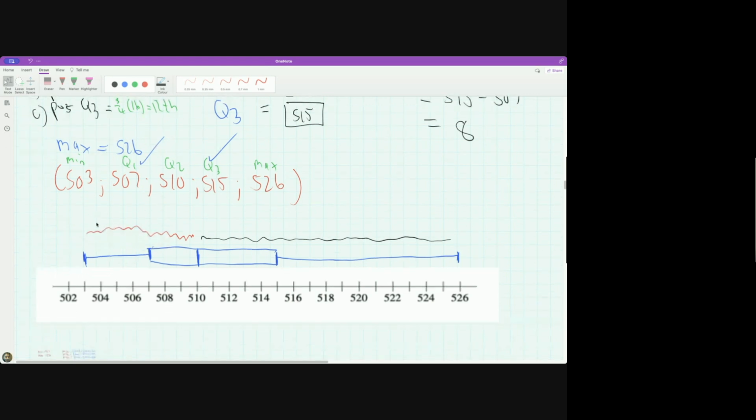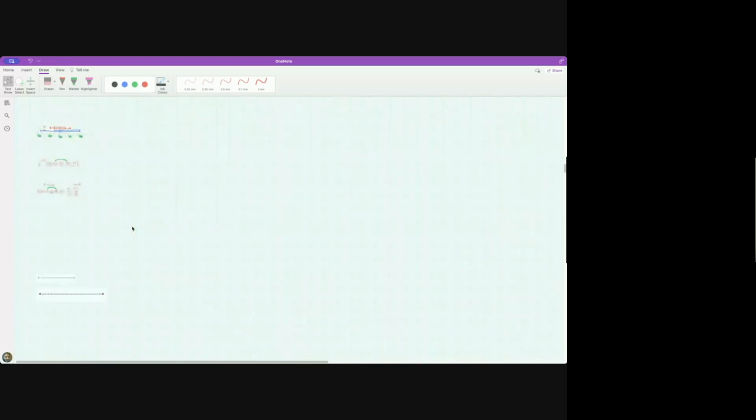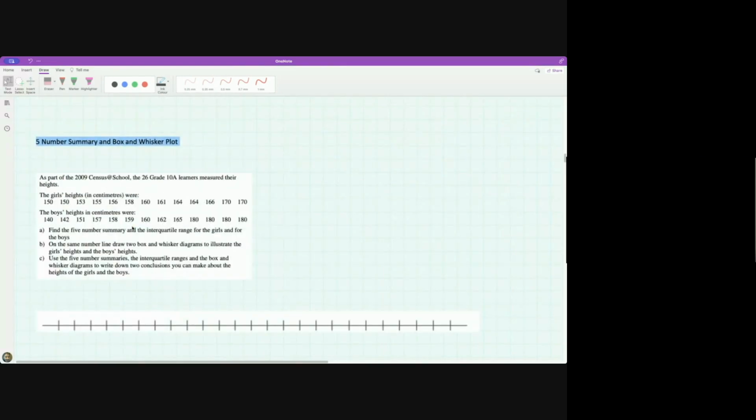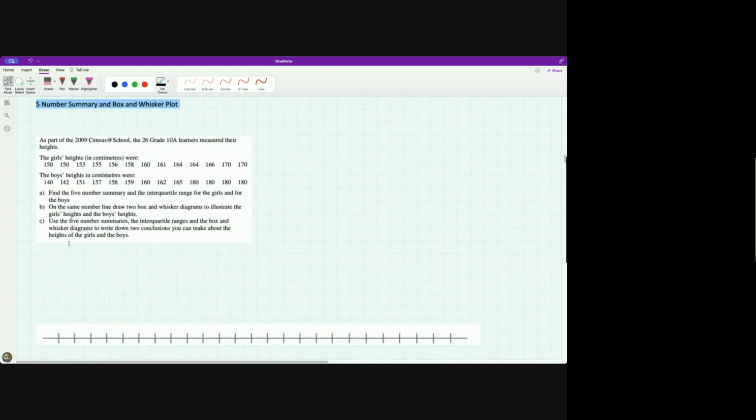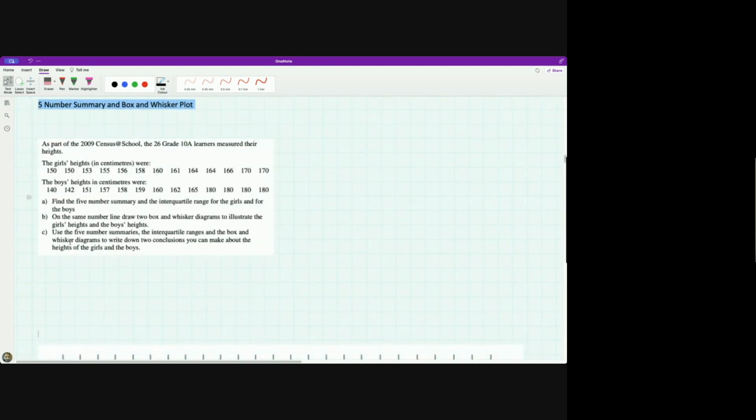Let's do this. Okay. Second part of today is for you to draw a box and whisker plot yourself. So we're going to look at this data set here. And this data set says the following. It says there are 26 grade 10 learners and their heights have been measured.